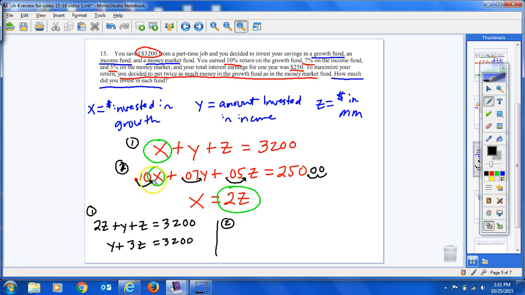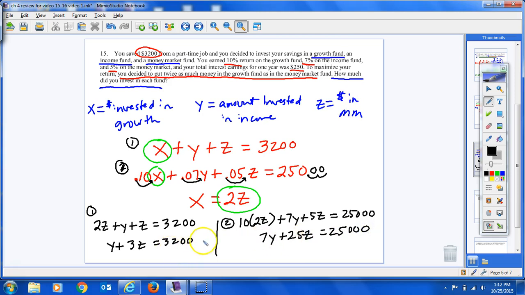All right, so X is going to be replaced with 2Z. So 10 times 2Z plus 7Y plus 5Z is 25,000. And now combine like terms. This is 20z plus 5z is 25z is 25,000.